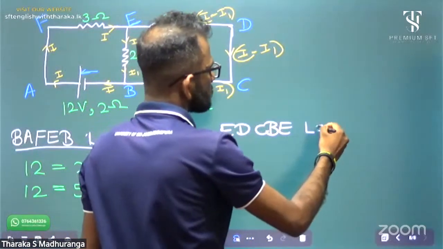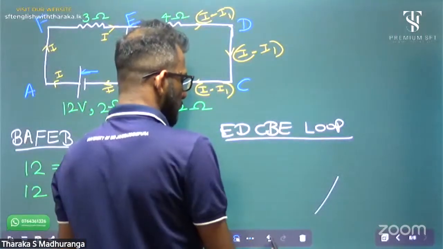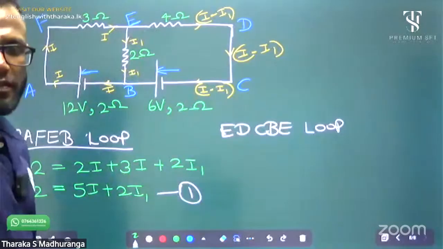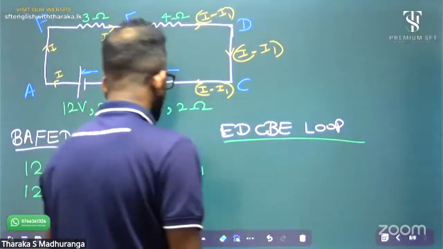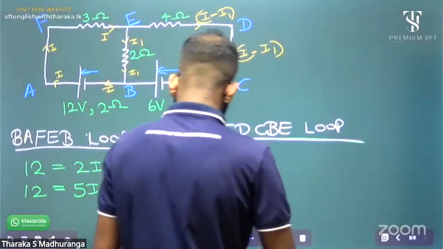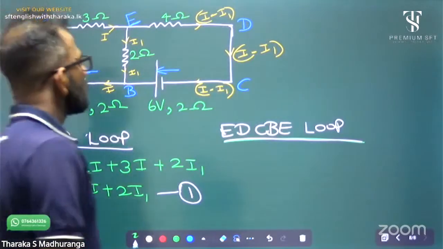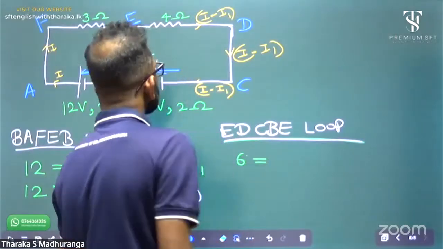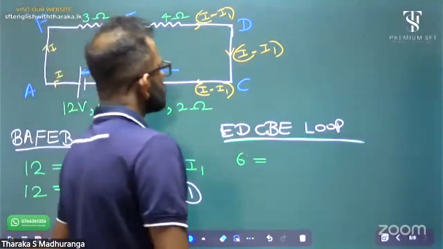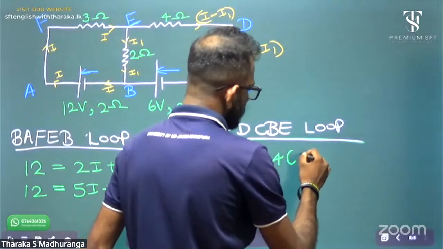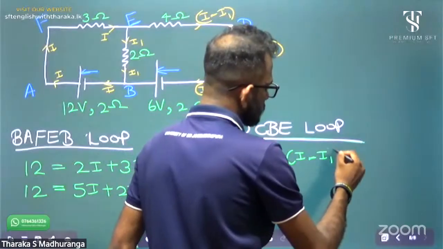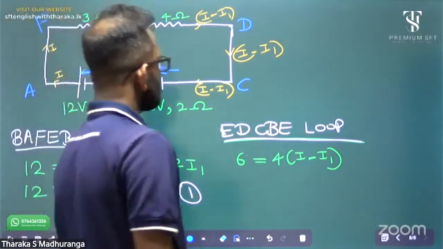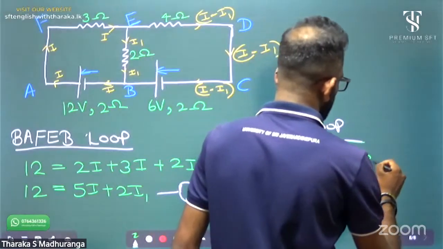EDCBE loop. Only one battery, it is equal to my direction, therefore it is 6 volts. 6 equals 4I minus I1, again 2I minus I1 plus, because of my direction.